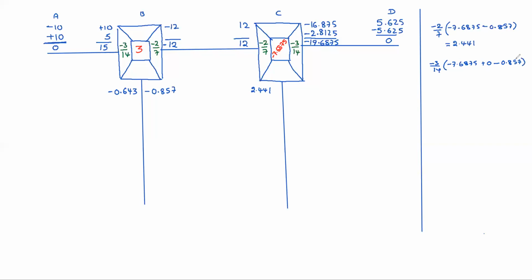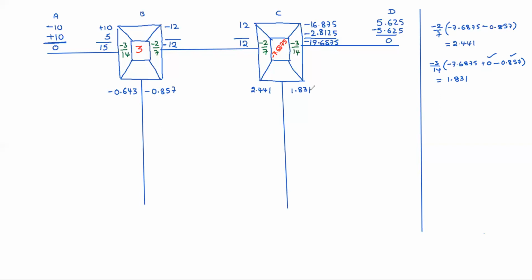For joint C we have two foreigns, D and B. Zero is D foreign's contribution, minus 0.857 is B foreign contribution, which gives 1.831. So one cycle is over.